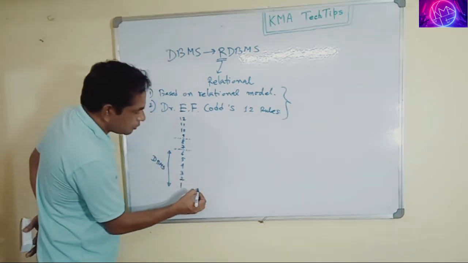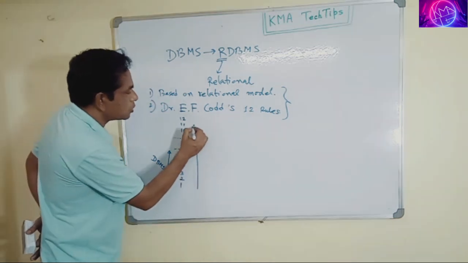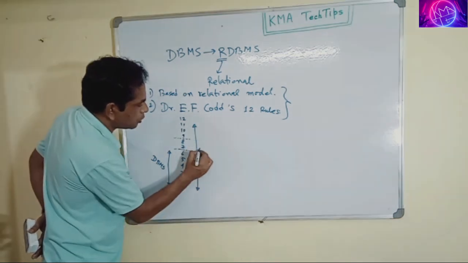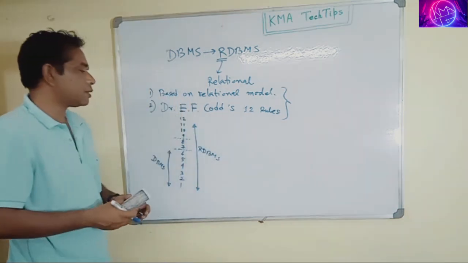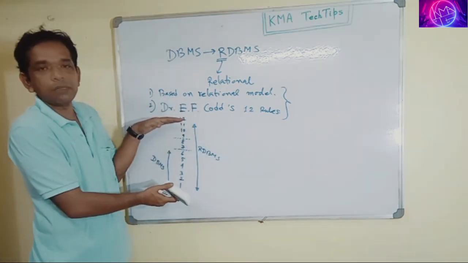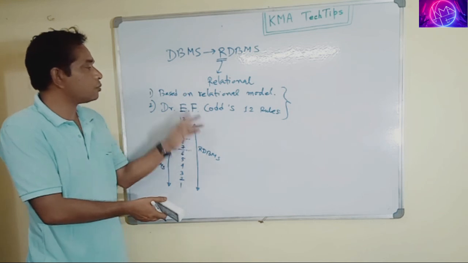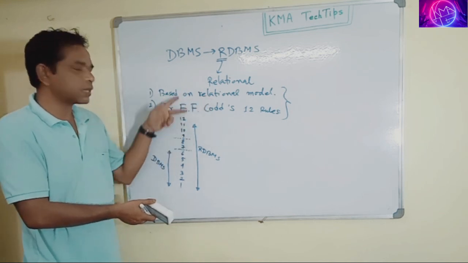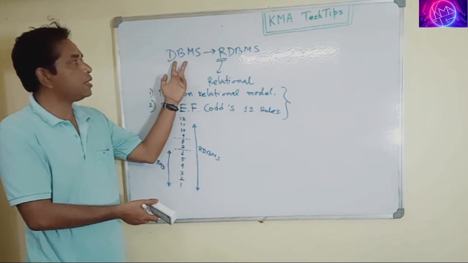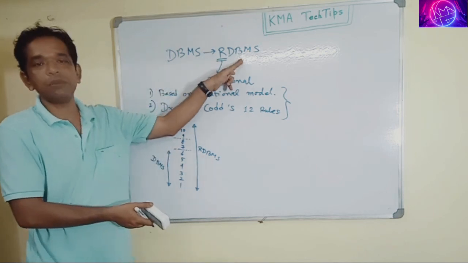And a database system which satisfies more than 7 to 8 rules of Dr. E. F. Codd can be termed an RDBMS. Obviously, it must be based on the relational model. So these two are the conditions for a DBMS to become an RDBMS.